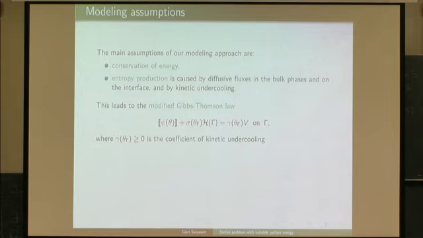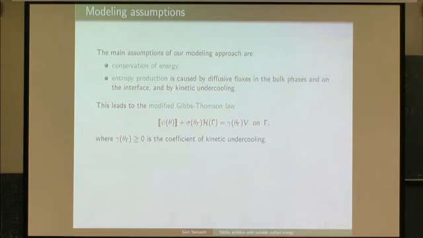So if you take this principle, conservation of energy, combine it with the entropy production, then you end up with a Gibbs-Thomson law. That's something that we can derive from these principles, or it has also been derived before by different authors.